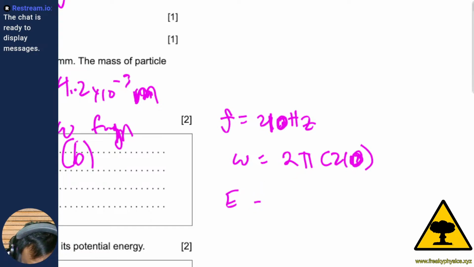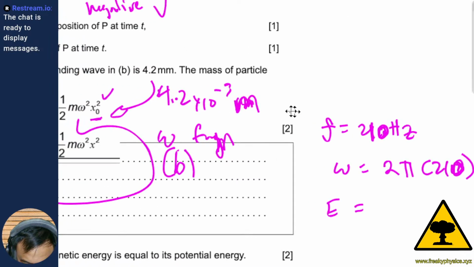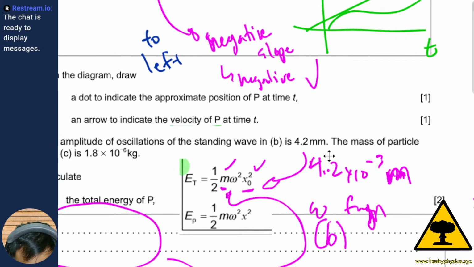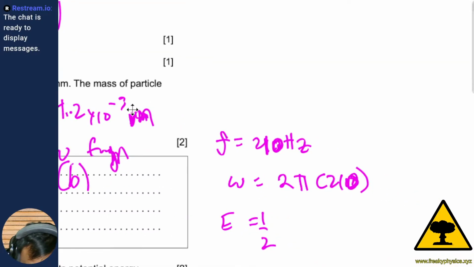The energy will be equal to 1/2 m omega squared A squared. The mass is, what's the mass again? 1.8 times 10 to the minus 6 kilograms.